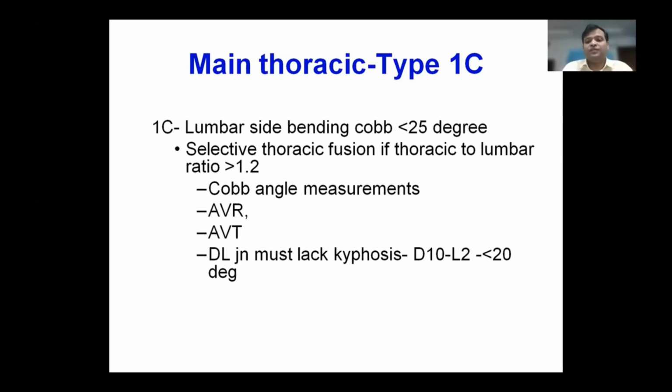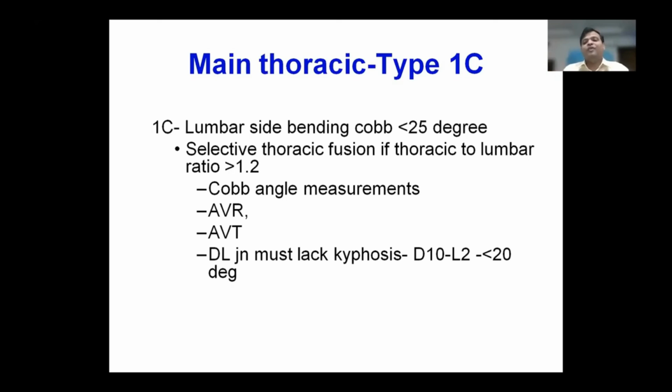Coming to main thoracic curves, that is type 1C curves, in most of them you might have to go down and fuse the lumbar curve also. But in some, you can do a selective thoracic fusion. What are the criteria? The ratio between the Cobb angle measurements of the thoracic and lumbar curve, and the apical vertebral rotation and apical vertebral translation of the thoracic and lumbar curve, if all these measurements are 1.2 times more than the lumbar curve, and if there is no thoracolumbar junctional kyphosis, you can still do a selective thoracic fusion.